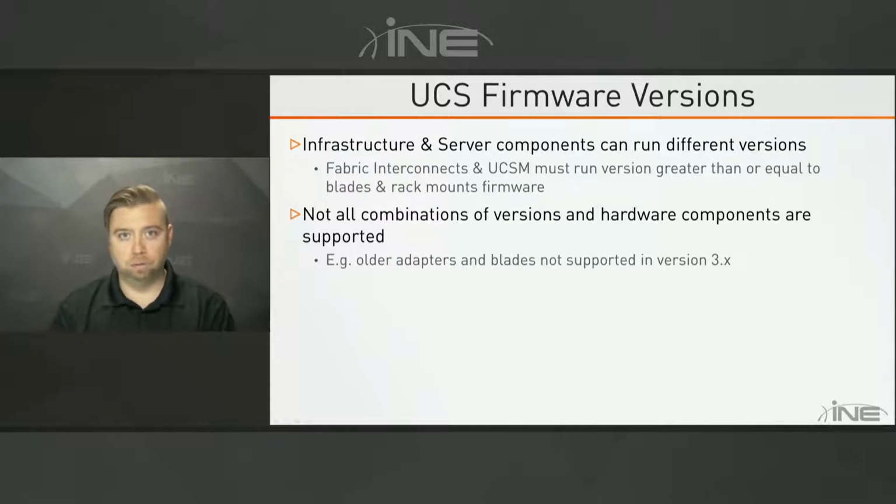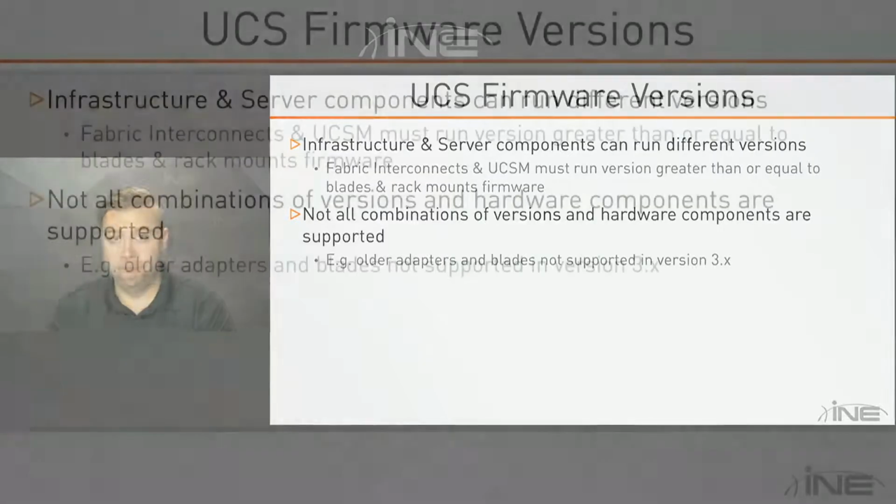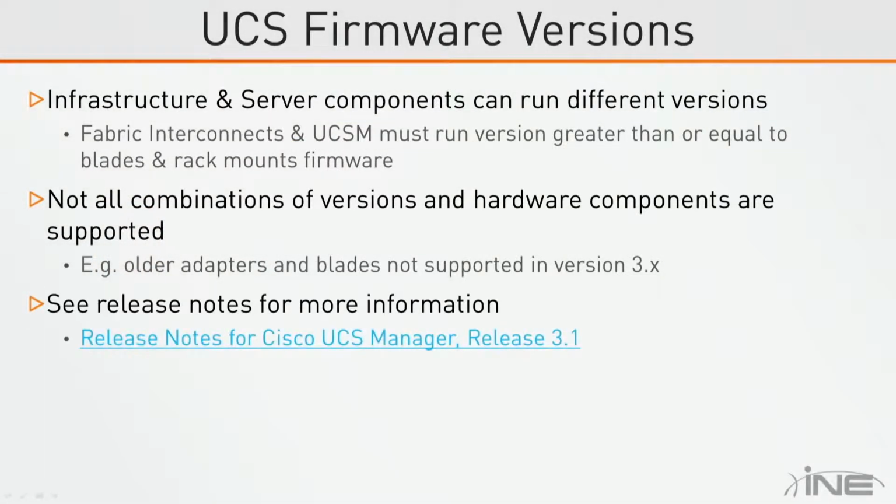You install the firmware, the system does the upgrade, it reboots, and then when it goes to acknowledge the chassis, it could potentially have problems when it's trying to bring the individual servers up if the hardware is not supported. So there's not really a lot of technology understanding that goes along with this. It's just a hardware-software matrix issue.